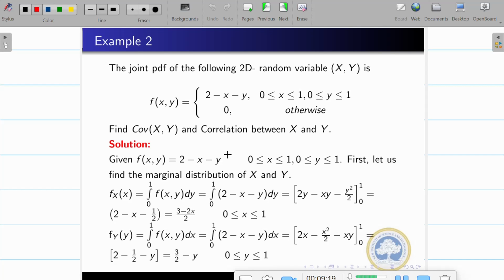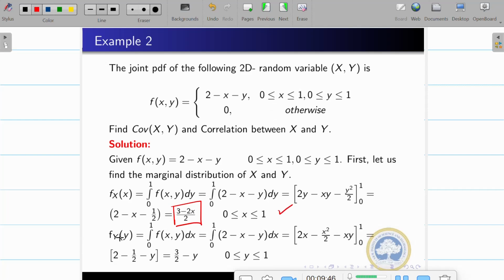So first I have to find the marginal distribution of x and the marginal distribution of y. Marginal distribution of x is f_X of x equals the integral from 0 to 1 of f(x, y) dy. So integrate it and apply the lower limit 0 and upper limit 1. Make the simplification and you will get the marginal distribution of x, with x range 0 to 1.